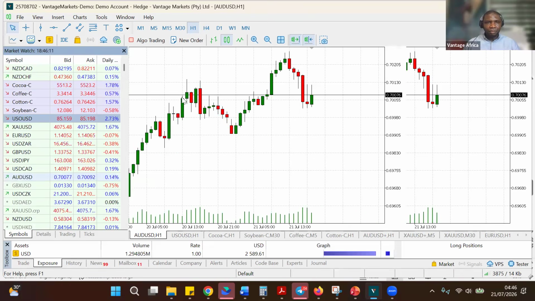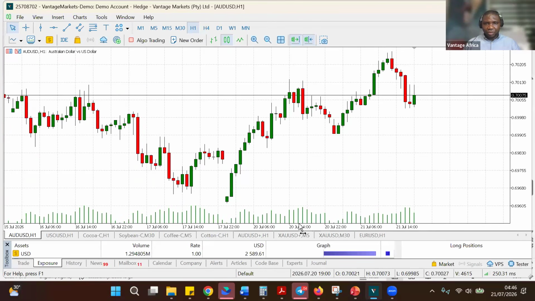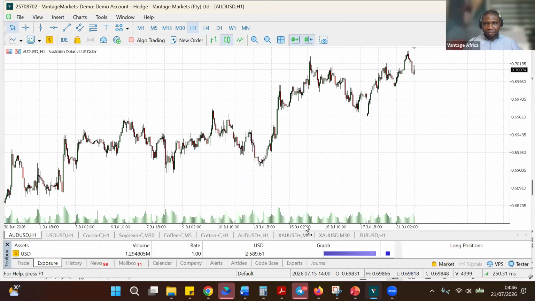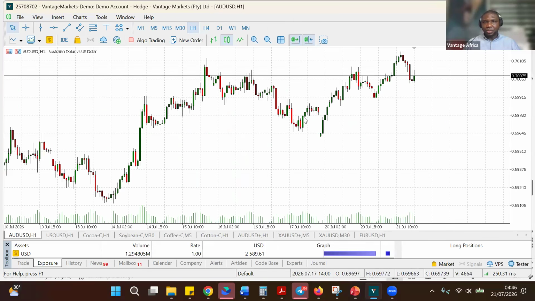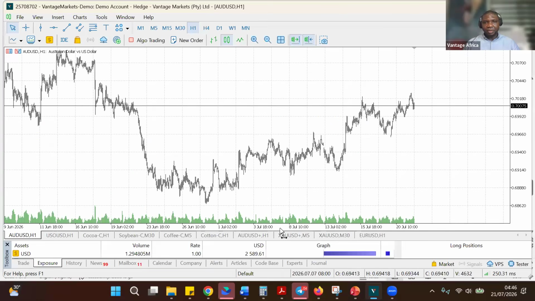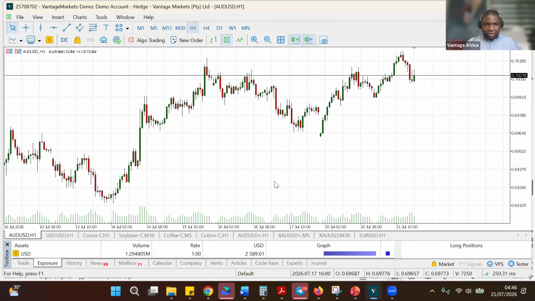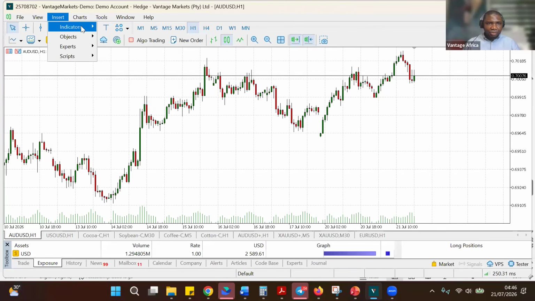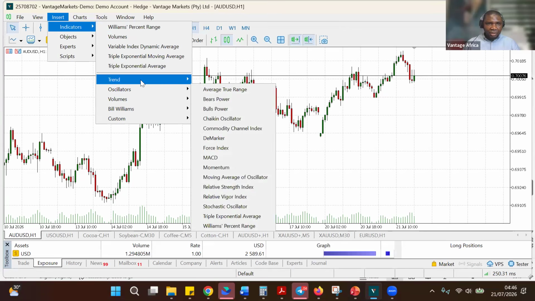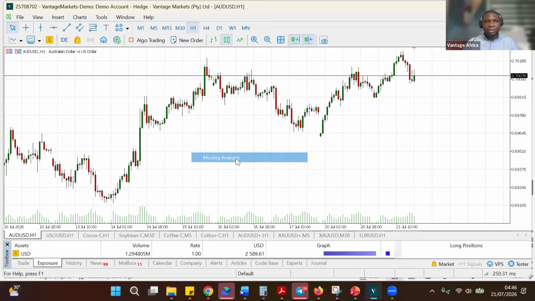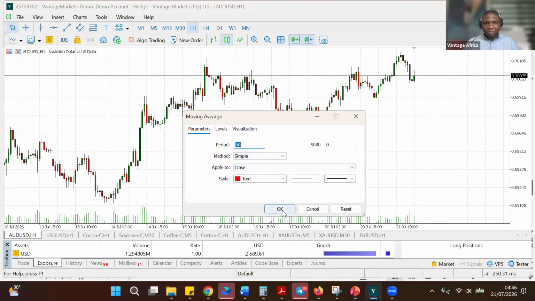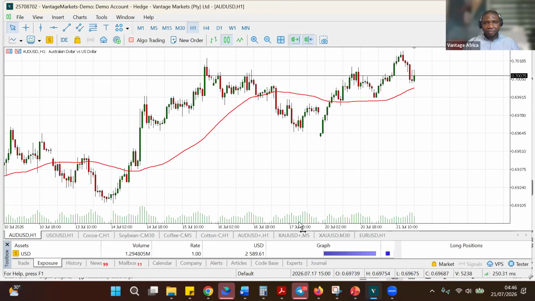So we have AUD/USD. AUD/USD tends to trend heavily a lot of times, right? So we can use AUD/USD. Let's insert a moving average here. Trend moving average. Okay, 50 moving average, so we'll put it here.